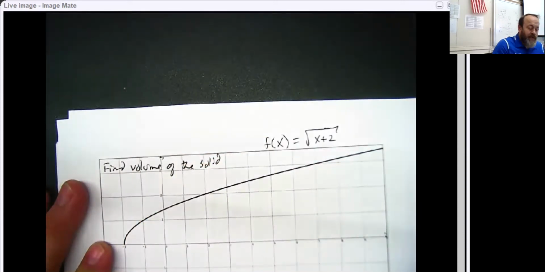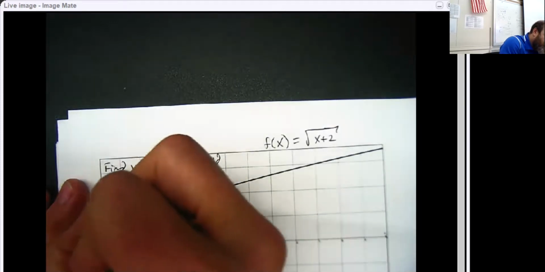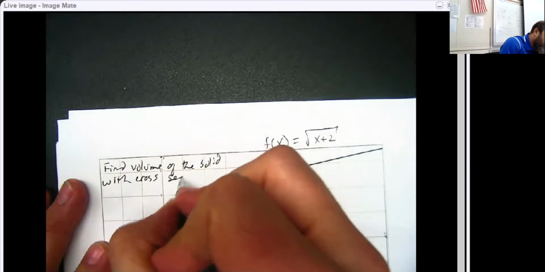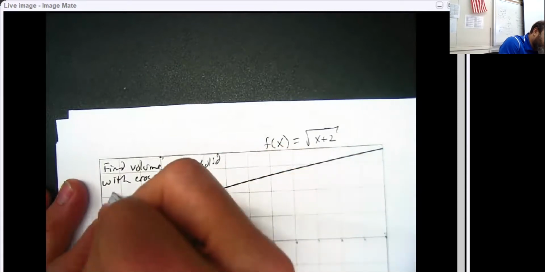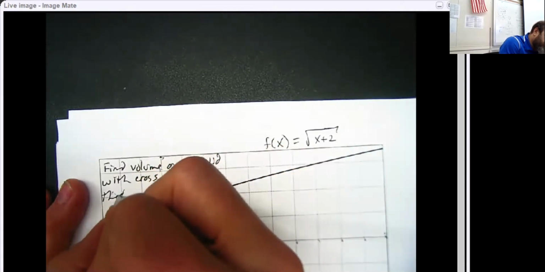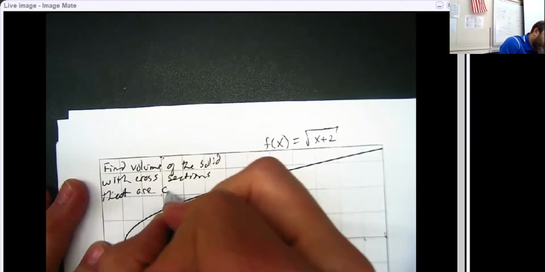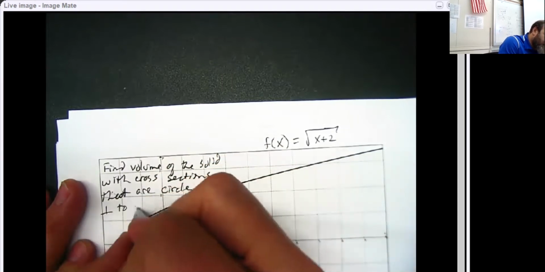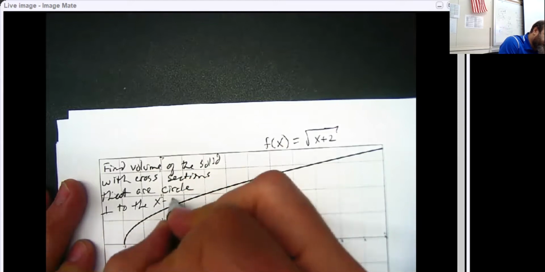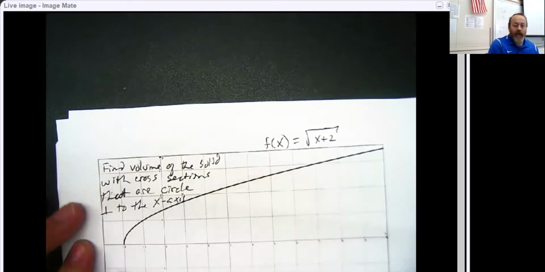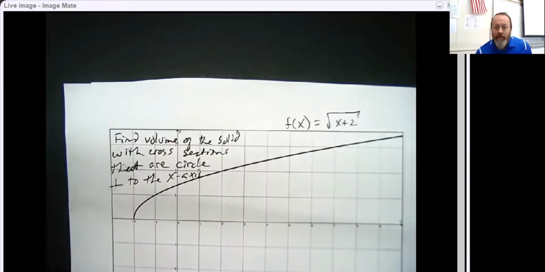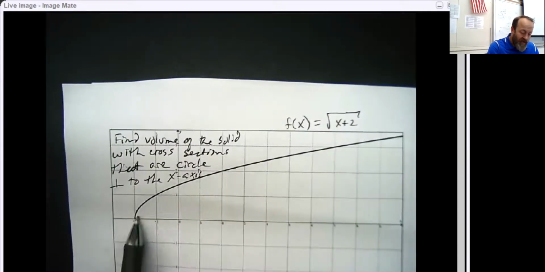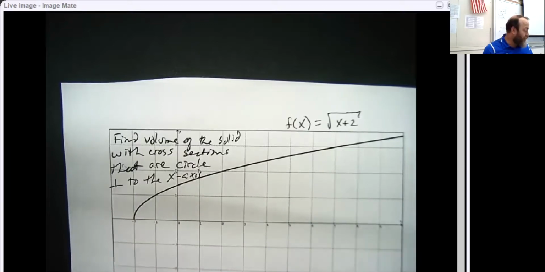So it's going to be a 3-dimensional shape with cross sections that are circles, perpendicular to the x-axis. And I'm running out of room to write, but I'm going to say bound between here, the curve, and the x-axis. And I did write all that out in class.